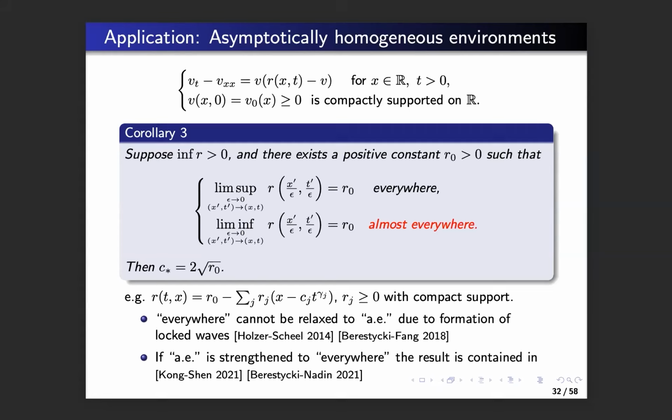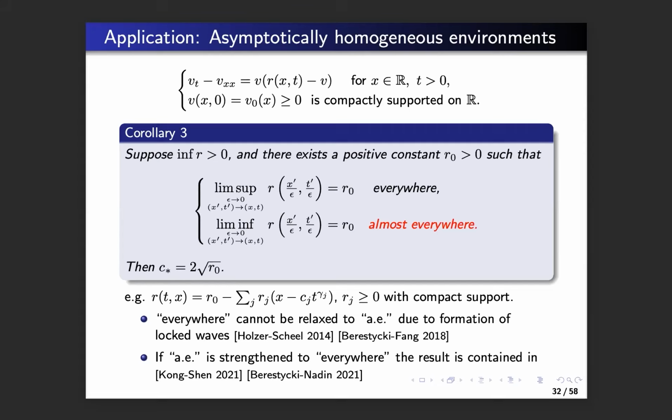Here, this everywhere cannot be relaxed to almost everywhere, because if you have a moving bump, then it may enhance speed, even if the bump is small and bounded in size. This is related to the formation of Locke's wave. On the other hand, if both statements are everywhere, then this result is contained in these two papers.